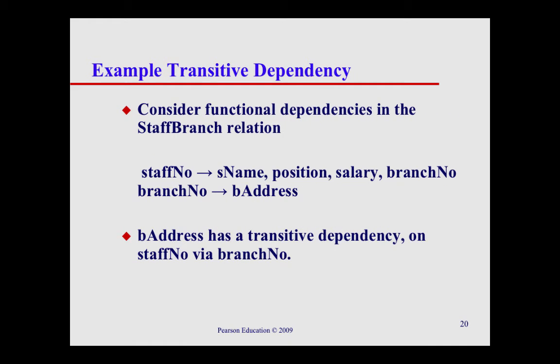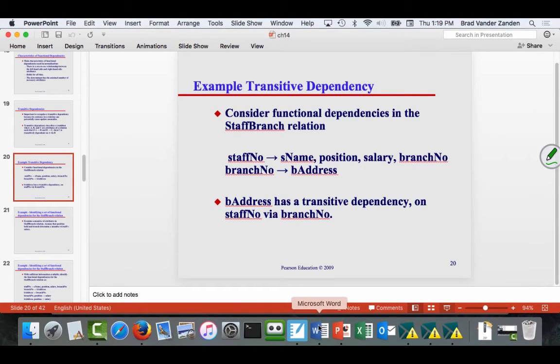Okay, do we have an example? Yes. We know that the staff number determines all those characteristics of a staff member, and we also know that a branch number essentially determines all the characteristics of a branch. So a staff number determines a branch number, and a branch number determines a branch address, and therefore there is a transitive dependency of branch address on staff number.